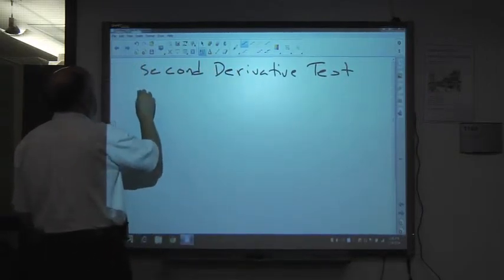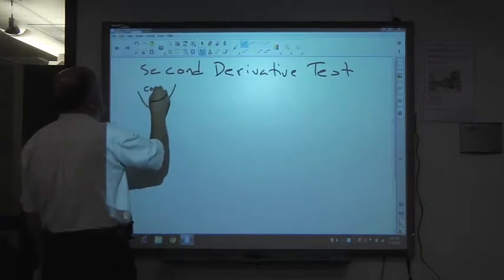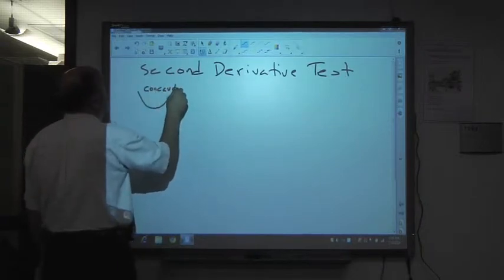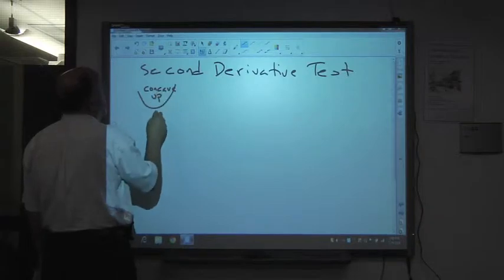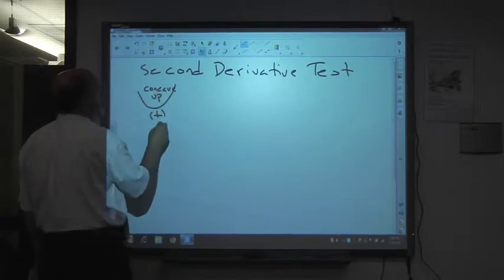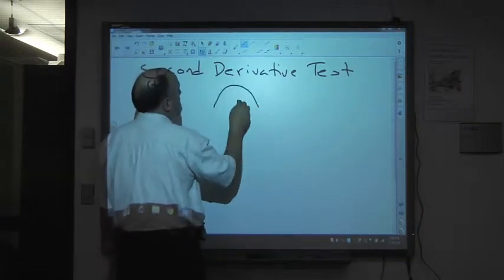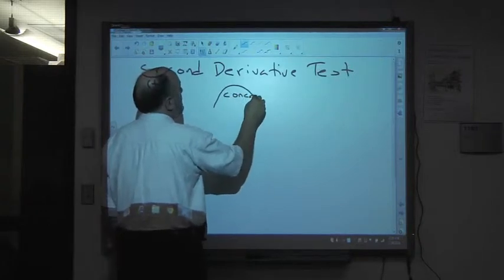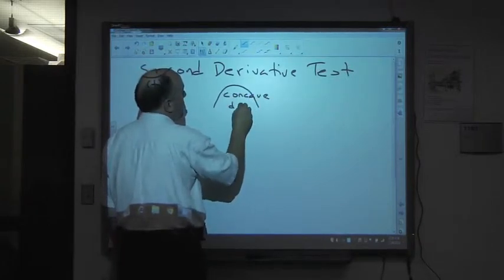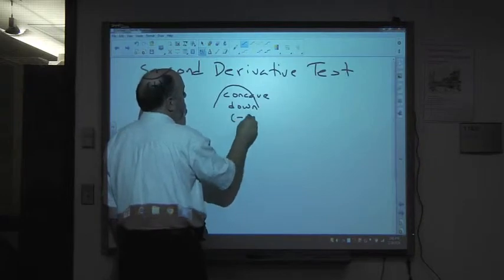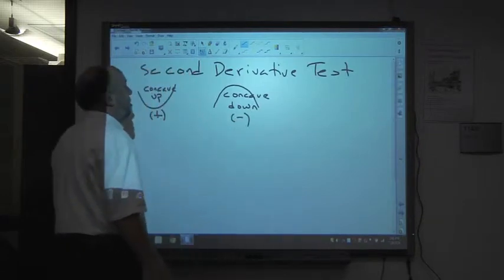So if it's like this, it's said to be concave up. And the second derivative will be positive. And then if it's like this, it is concave down. And the second derivative will be negative.